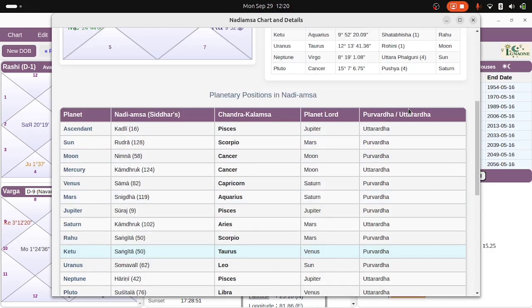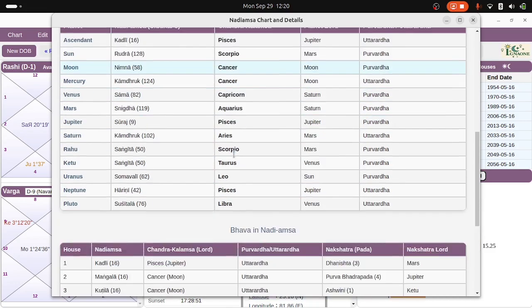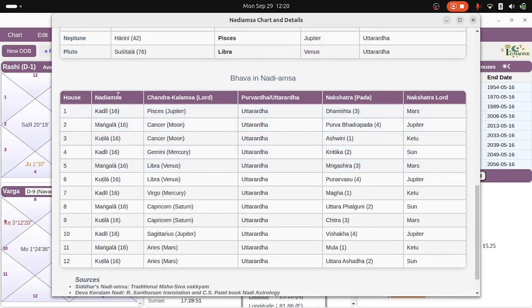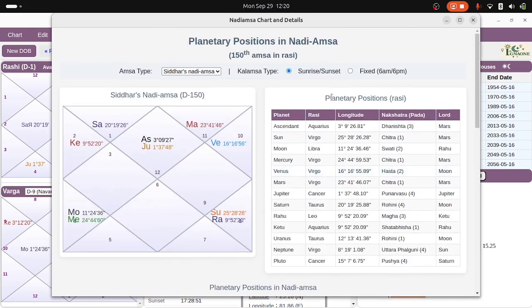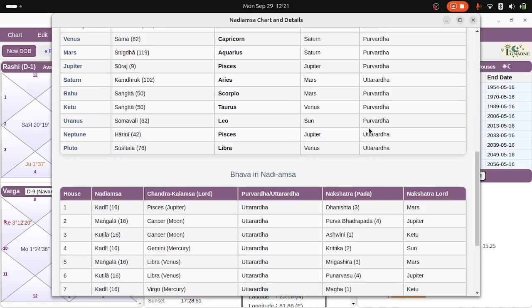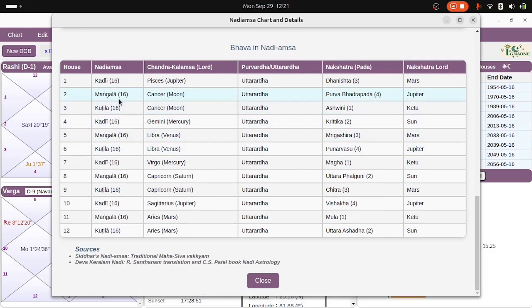Now similarly for the Bhav Madhya as per the Siddhar's Nadi system, the exact ascendant degree is 3 degrees 9 minutes in Aquarius. In the next sign, Pisces, at 3 degrees 9 minutes, exactly the same longitude, you will get the second house. What do you call that Nadi Amsha?